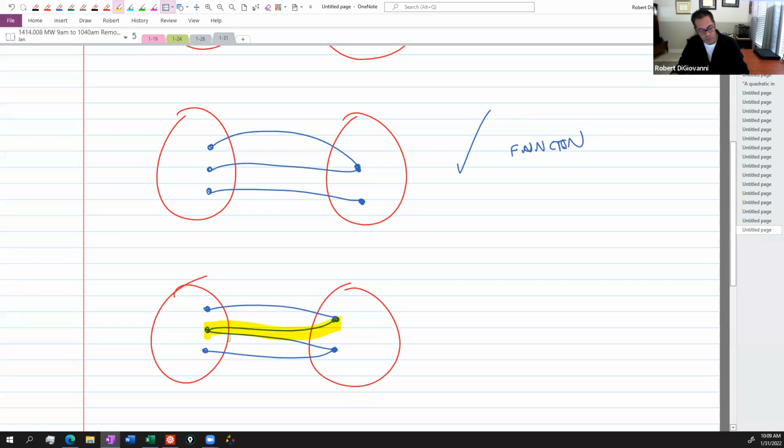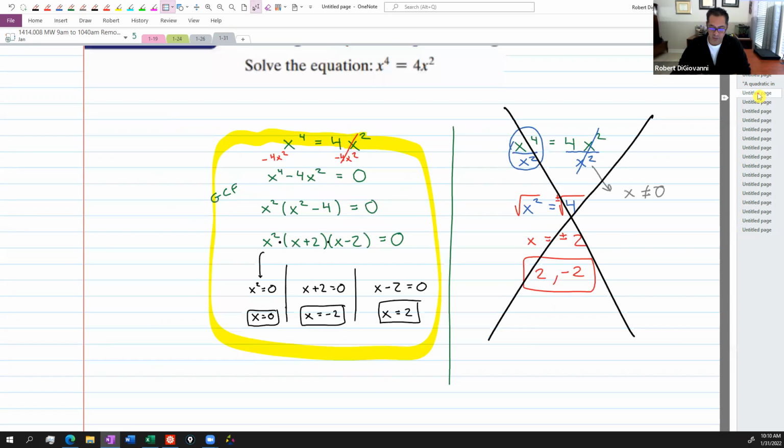This goes to two places and that can't happen to be a function. So one input, one output doesn't work here. So no, right? Not a function. So with that in mind, let's see if we can answer some questions.